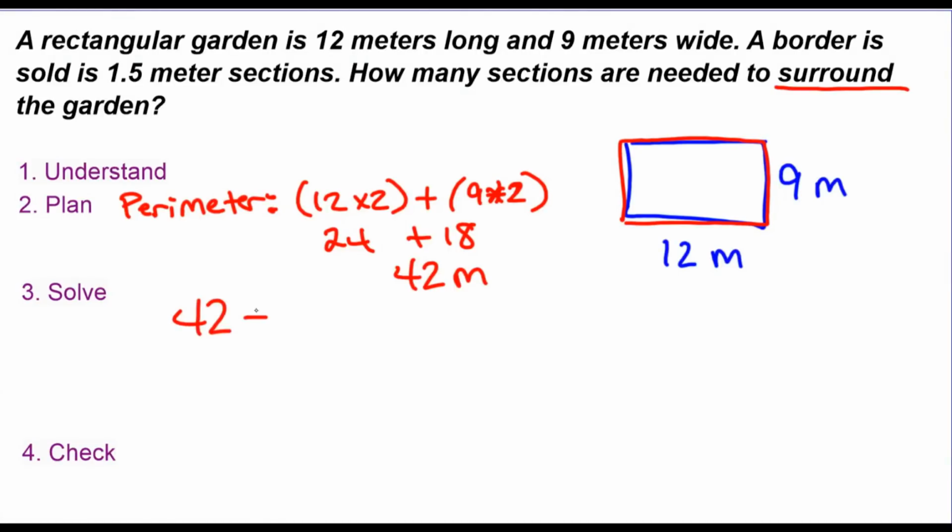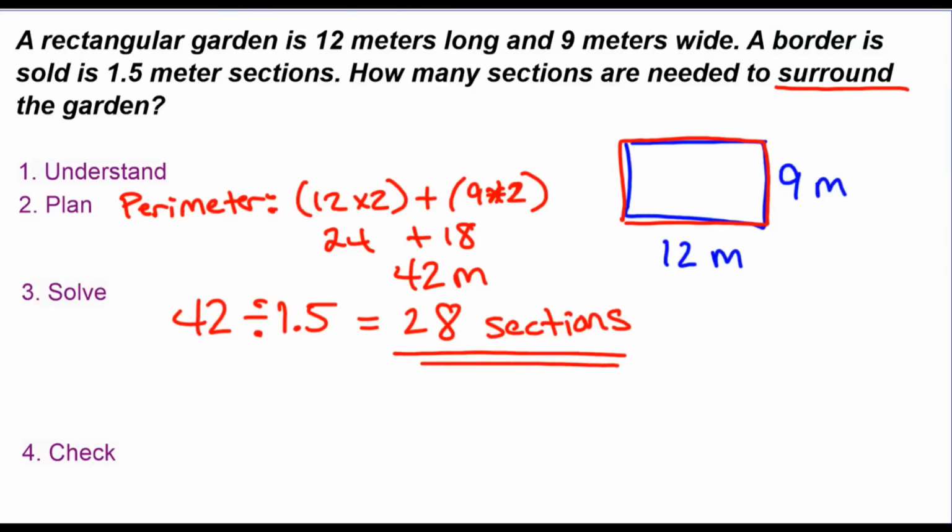So 42 total meters divided by 1.5 meters for each section is going to give me 28 sections of border to surround the garden. And then when I check that, if I take those 28 sections times 1.5, I get 42 meters. So I know I'm going to have enough border because I have 42 meters of border, and it's 42 meters all the way around the garden.